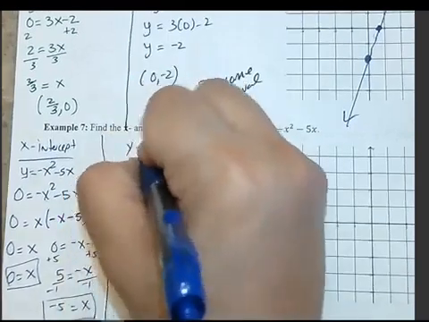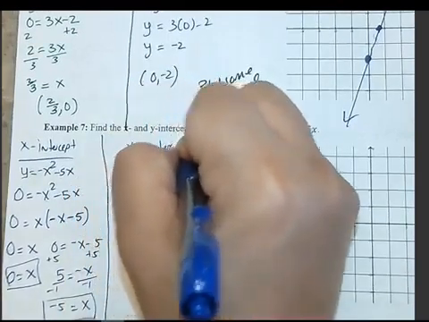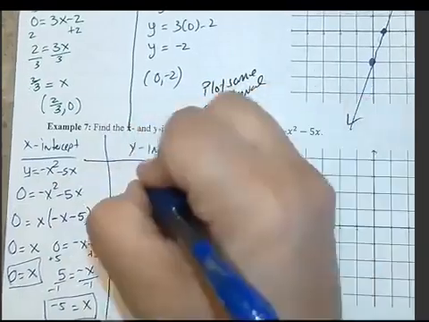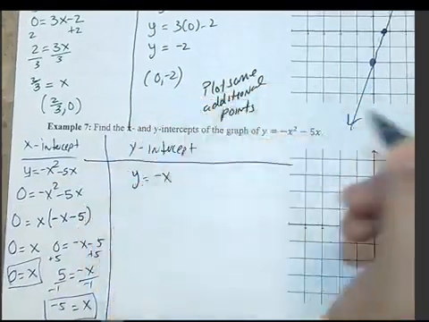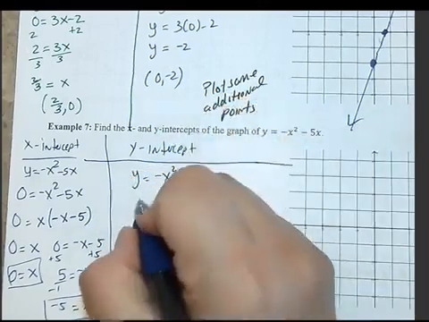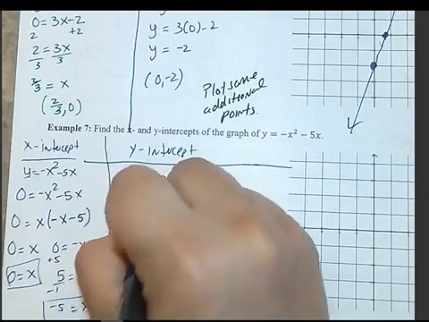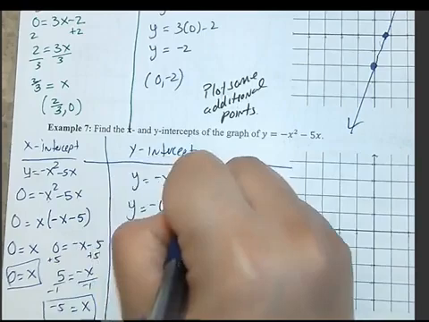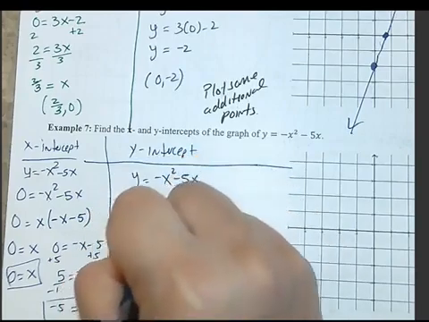So the y-intercept, here we let x equal 0. So y is 0.